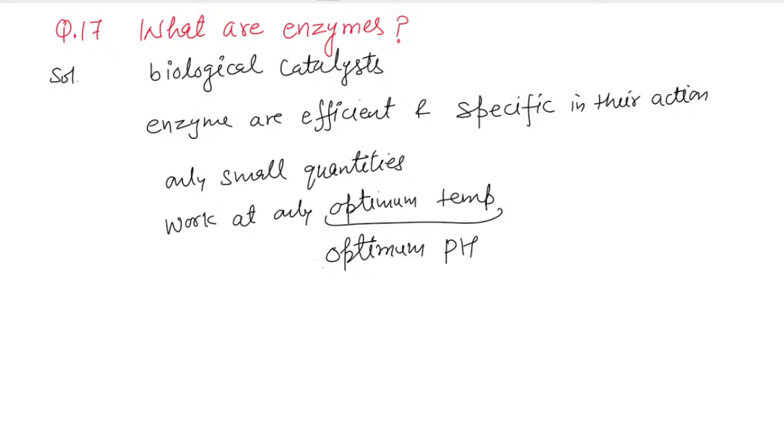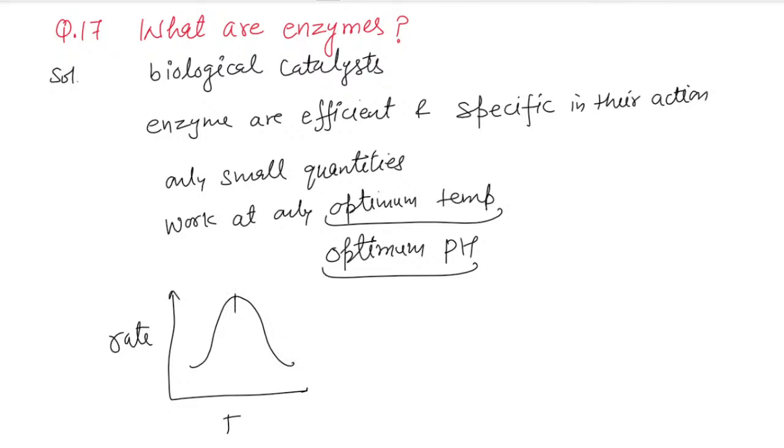What do we mean by optimum temperature and optimum pH? If we draw the diagram, this is called the optimum temperature. The rate is slow below this temperature and above this temperature. The rate of the reaction is maximum at that particular temperature, so that is called the optimum temperature.